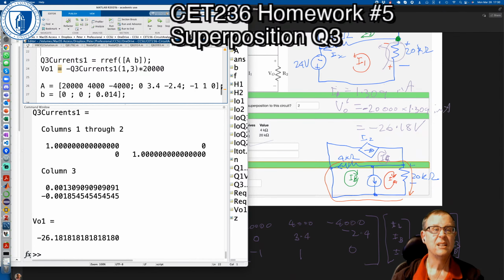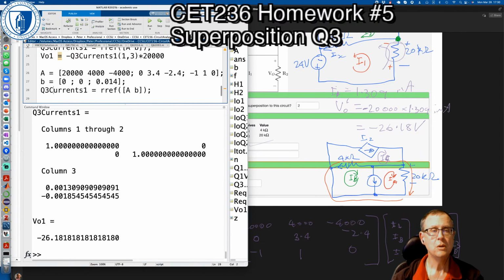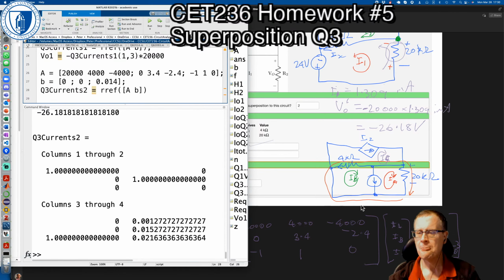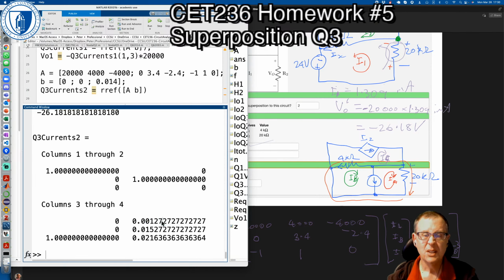And then our currents 2 is just that. Let's see if that runs. And the one we want is IA, so it's 1.273 milliamps.